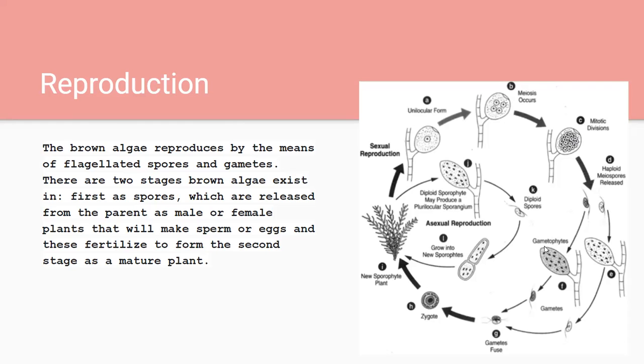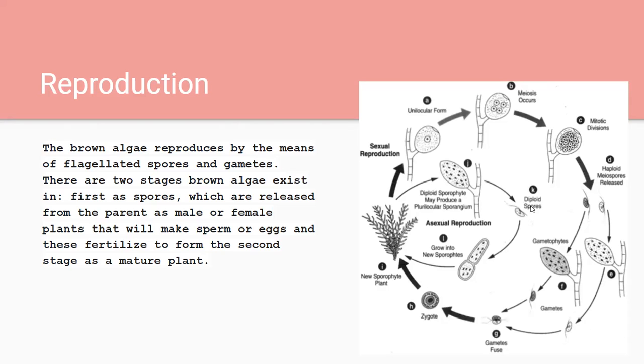So there's gametophytes right there. It splits into two, which is F, and then these are the gametes right here, and then the gametes fuse, which is G. H is the zygote, and then I is the new sporophyte plant. And then it grows into new sporophytes, which is all asexual reproduction.